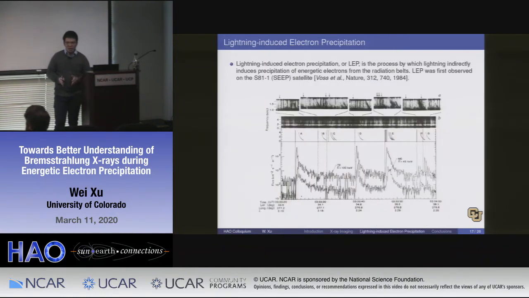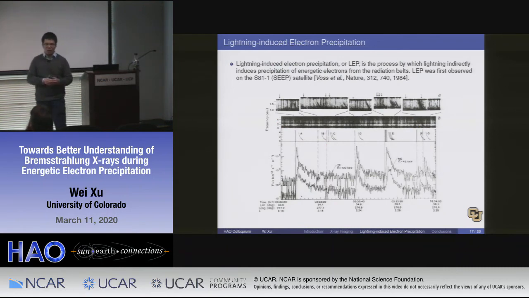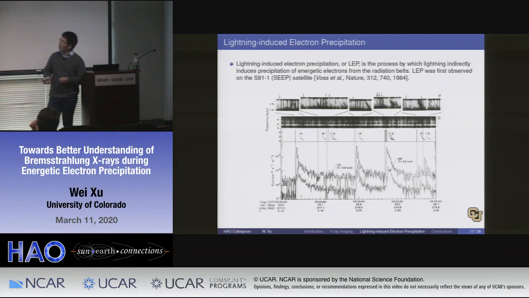The second study is sort of an application of the first one. Terrestrial electromagnetic energy can escape the atmosphere, interact with particles in the radiation belt, and cause precipitation. A major source of the electromagnetic energy in the atmosphere is lightning discharge.